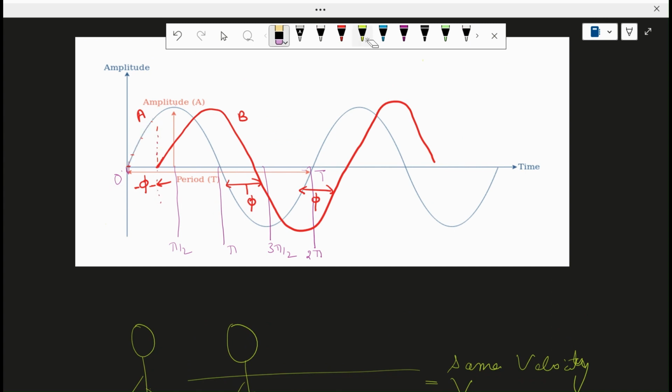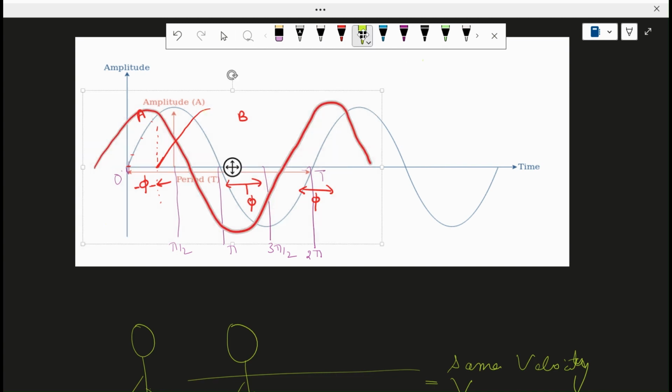Let me consider another case where we take the same wave, and let this wave move from this point. What can we see? Our basic wave, that is wave A, started when wave B had already traversed this much path.